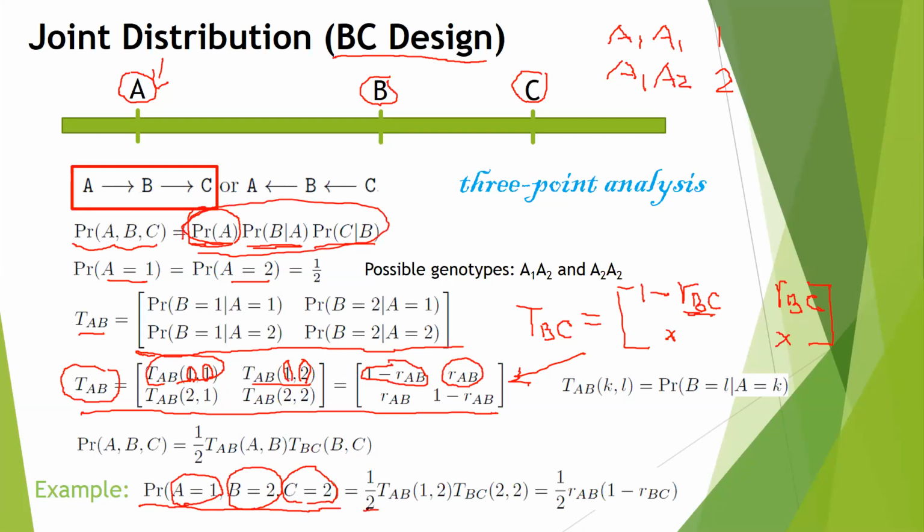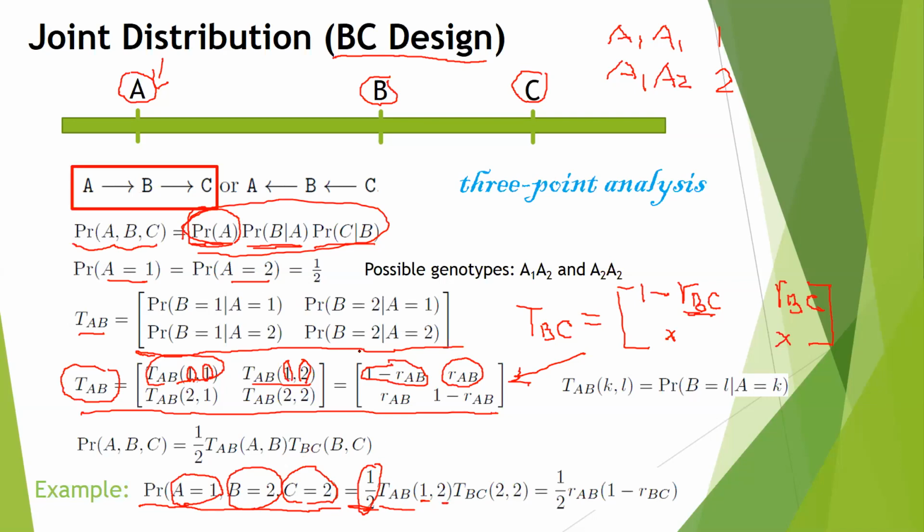So we put the 1/2 here. This is the probability of A equals 1, because they are of equal chance. And this is the transition from A to B, where A takes genotype 1 and B takes genotype 2.